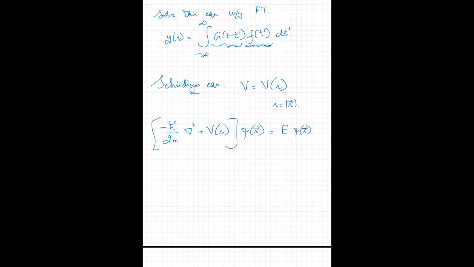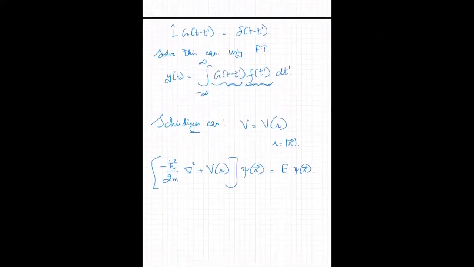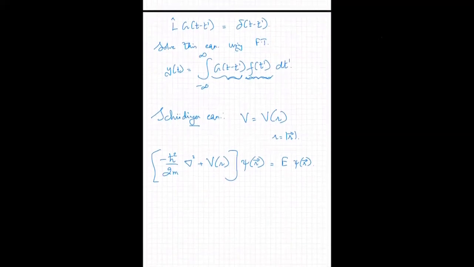Now let me recast this equation into an equation like this, wherein I have some differential operator acting on some response of the system equals some driving force. So what is the driving force here? Well, it's not a force, it's a potential. So whatever is causing dynamics is the potential V of r.